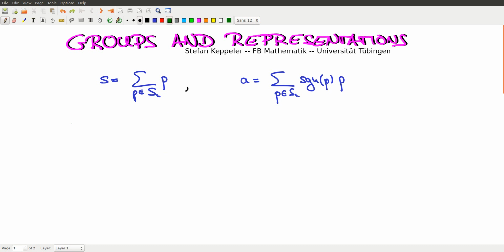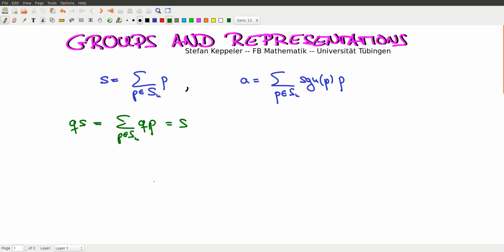So first let's multiply this S by any permutation Q. What's that? That's the sum over all permutations P in Sn, and then we have QP, but summing for a fixed Q, summing over all QP is just summing over all elements of Sn again, just in general in a different order.